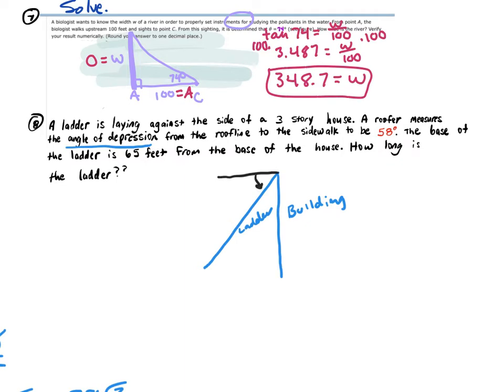So this is 58 degrees. And then the base of the ladder is 65 feet from the base of the house. So here we have 65 feet. We're looking for how long is the ladder. All right, so what should we do first?